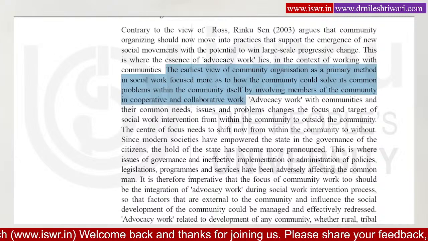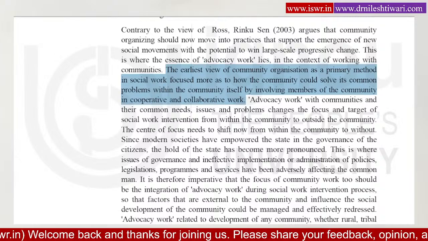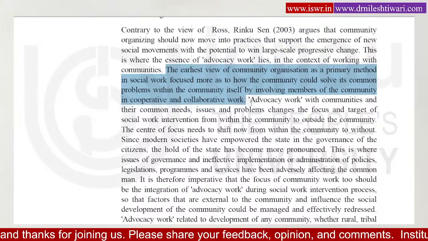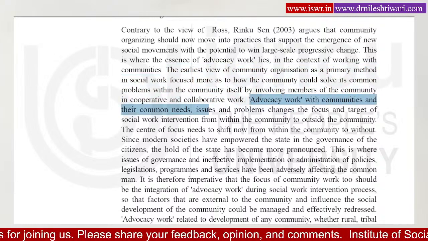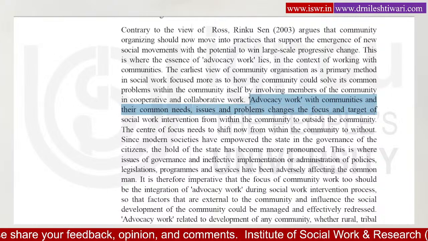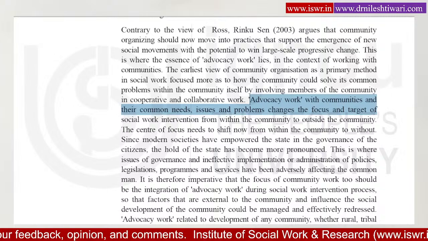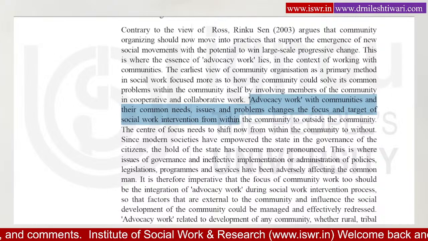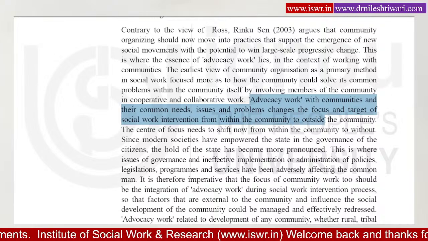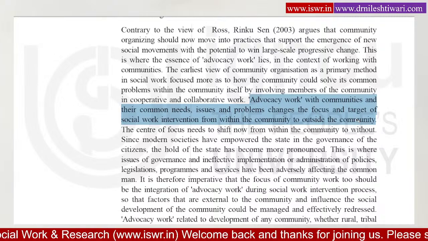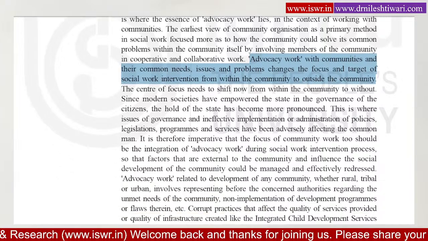So if a community has a particular problem, they should solve it by themselves in a collective way. Whereas the advocacy work with communities and their common needs, issues, problems and challenges changes the focus and target of social work intervention from within the community to outside the community. This is important. Outside the community, right?